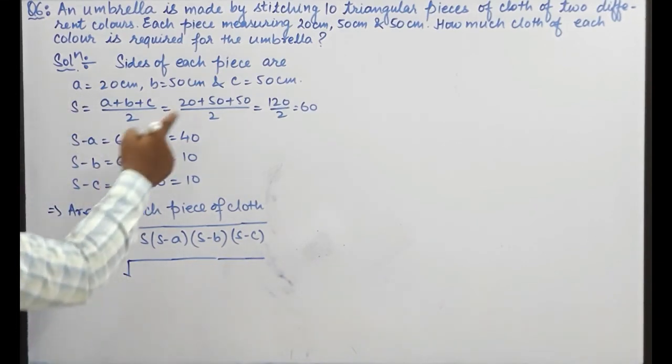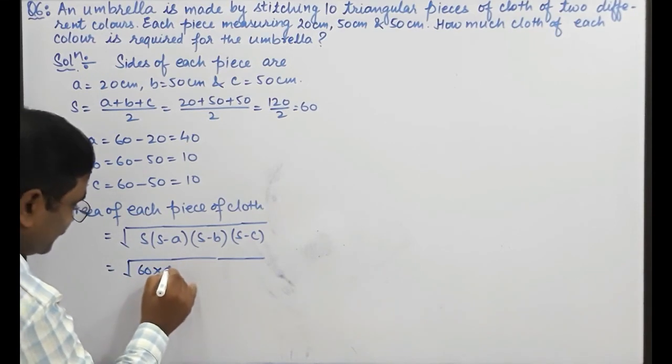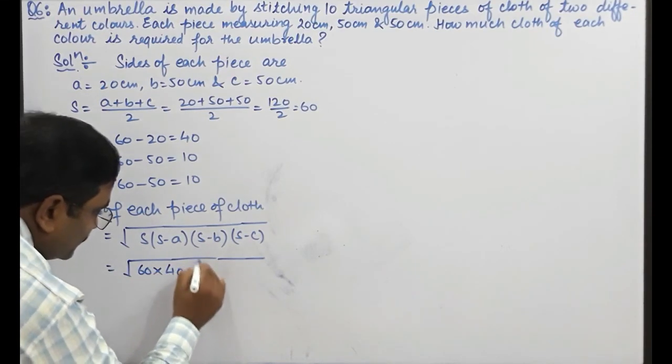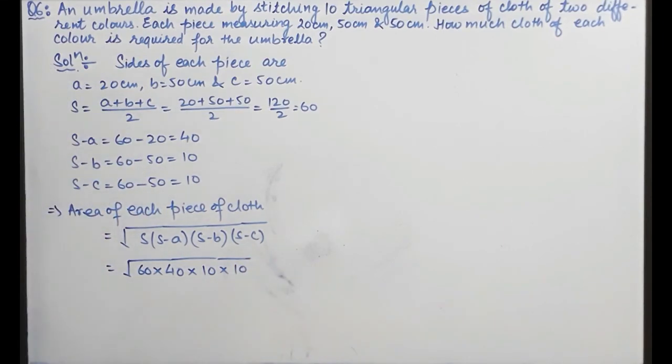S is 60, multiplied by S minus A is 40, S minus B is 10, S minus C is 10.